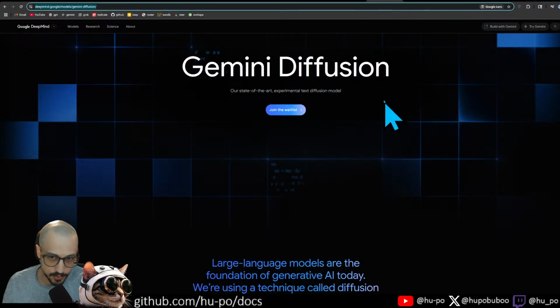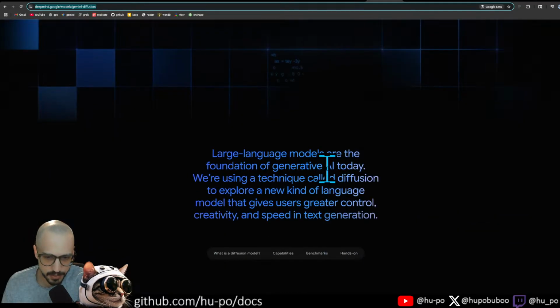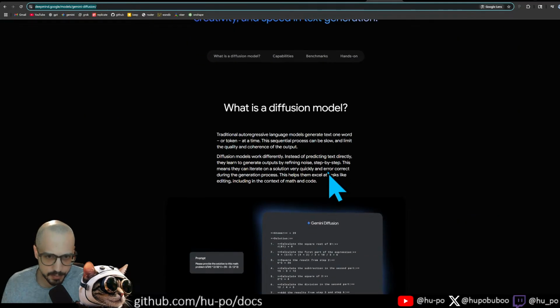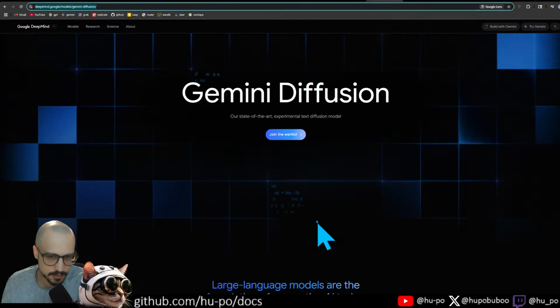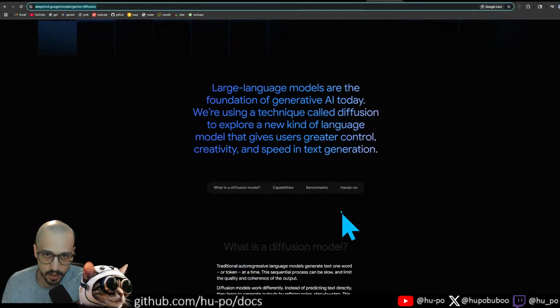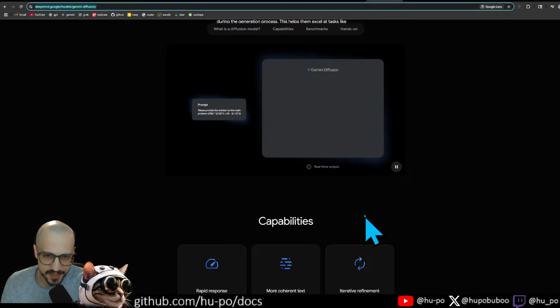Gemini Diffusion is an example of that. These are kind of a novelty, not something people use every day. Nobody's really using text diffusion models in their everyday workflows, but we are starting to see people test this out as a possible idea. It's more of an experimental or research model.